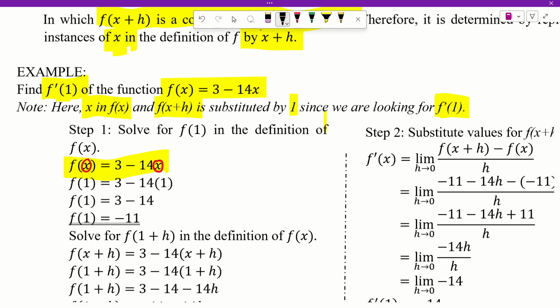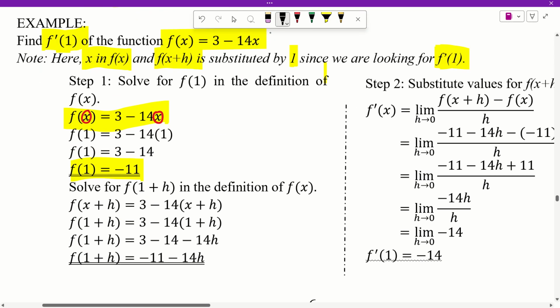The answer is negative 11. So we already have f of x.